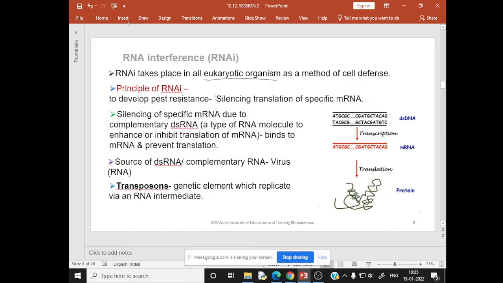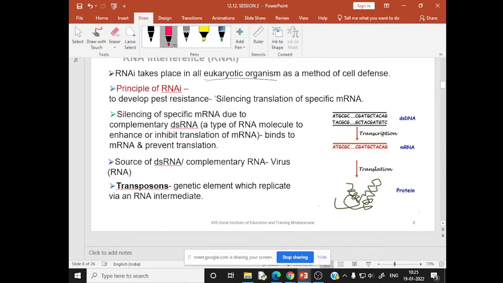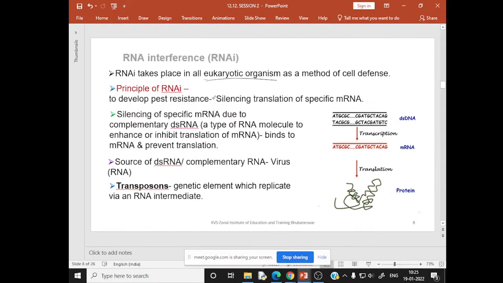So this is a common method of protection of plants. Plants protect themselves with the help of this method, and that's why it is called the method of self defense, a common method of self defense in eukaryotes.